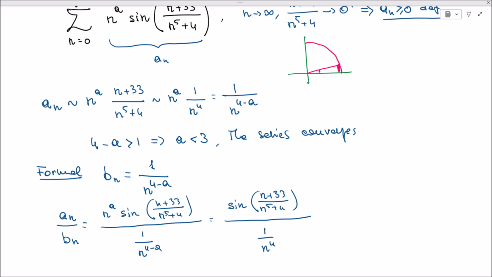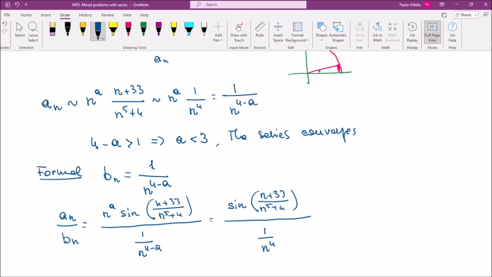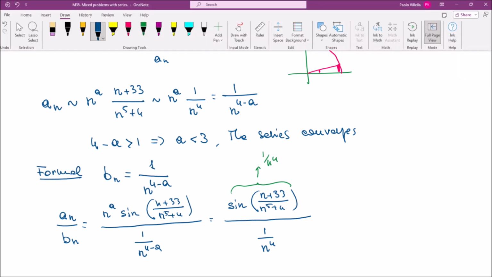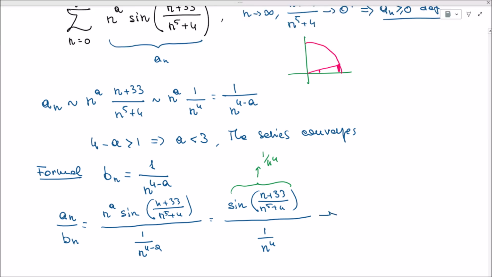Notice that when n goes to infinity, basically this numerator will just tend to 1 over n to the fourth. So we can definitely say that this tends to 1, which belongs to the interval 0 plus infinity. So we are now in good shape to apply the asymptotic criterion.